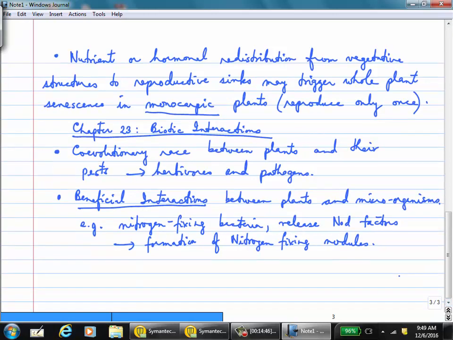Similarly, you have other bacteria that are called rhizobacteria. The rhizosphere is the space surrounding the root, and the bacteria living there are rhizobacteria.